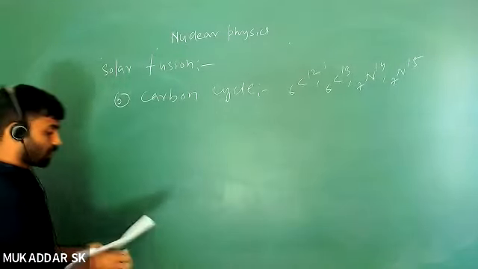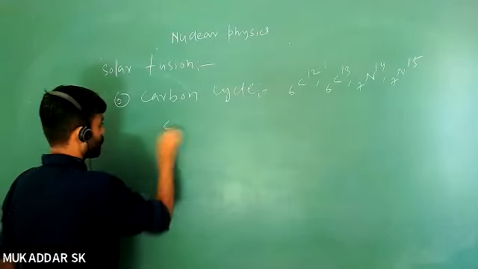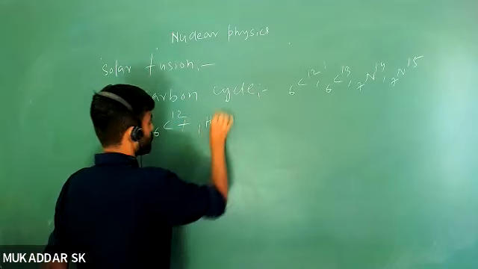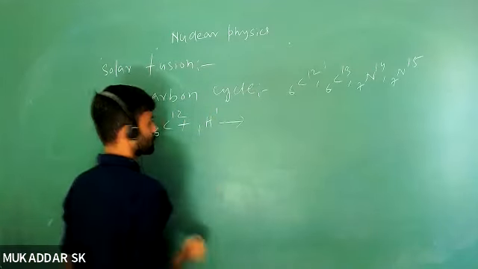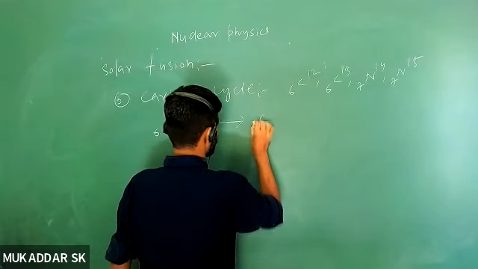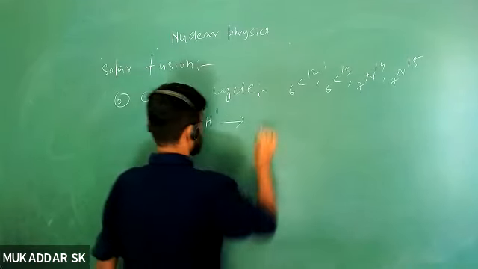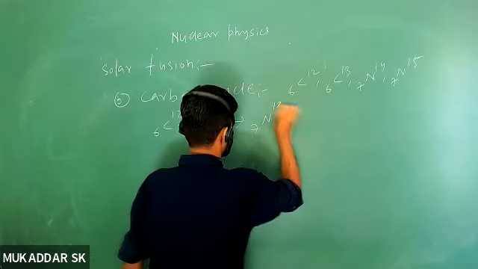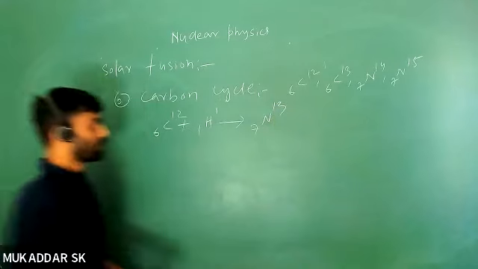So what will happen: first carbon 6, 12 will combine with one hydrogen and it will produce what, nitrogen 7, 13, right, and there is emission of gamma.